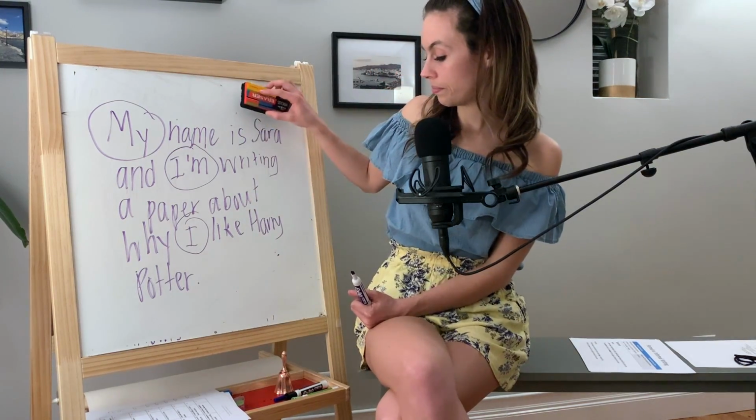Remember that when you're writing class papers, you're probably going to want to be more formal. Yes. Okay, so yeah, this is probably not appropriate for a class paper. You don't want to be using contractions or the word I or my in your class papers. Okay.